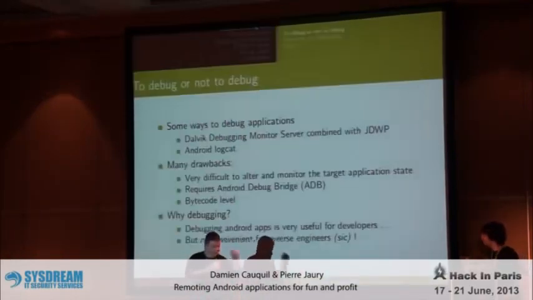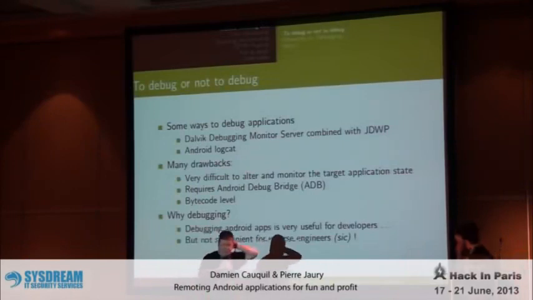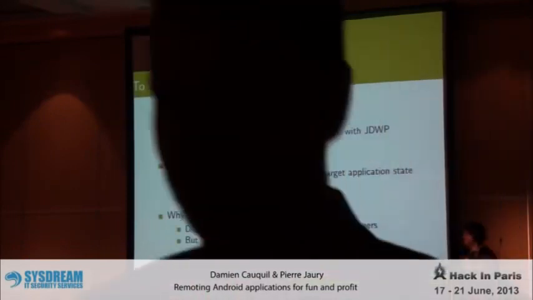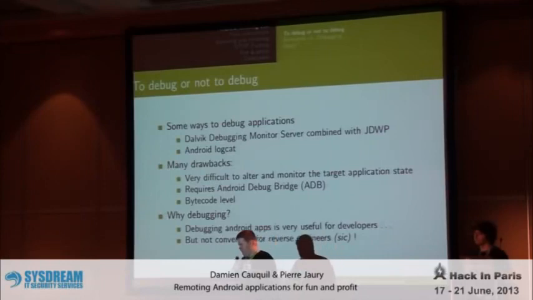So we are going to start with the basics of remoting applications. We have many ways to debug applications, Android applications especially, and we need some other things to practice remoting. Google developed a lot of features to debug applications. First of all, we have the DDMS.